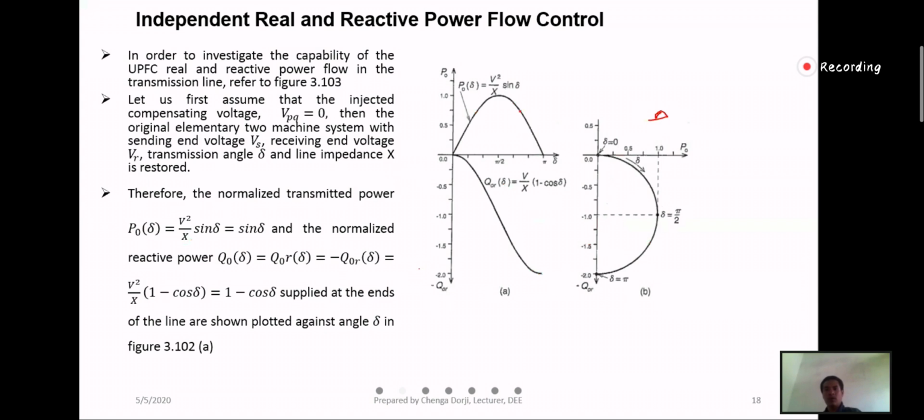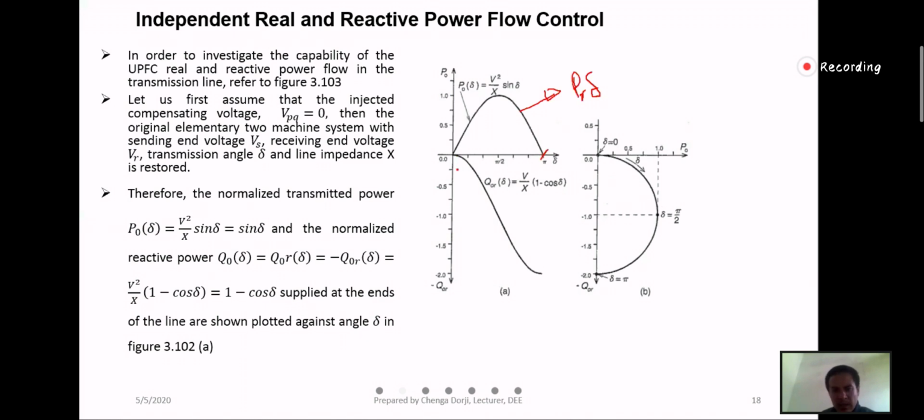This is for PO delta, and this is for QO delta. So at pi it is maximum.